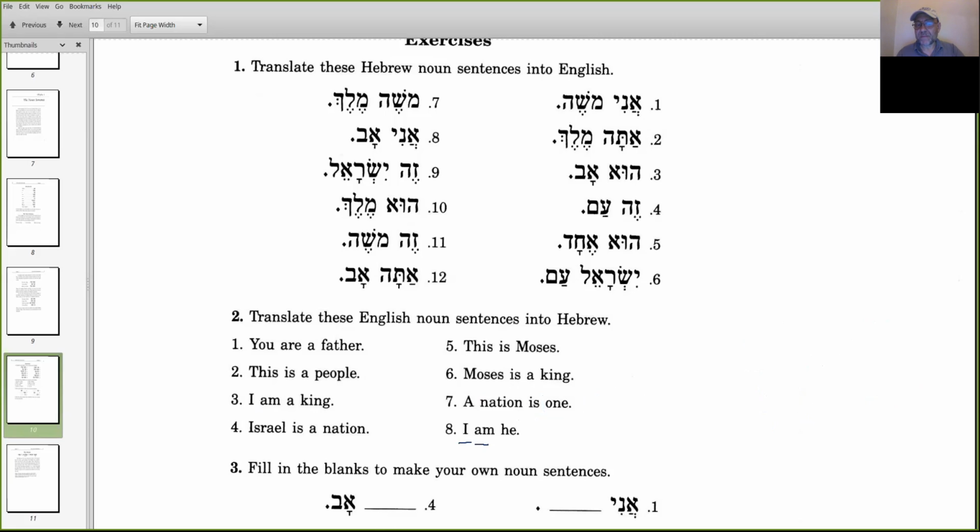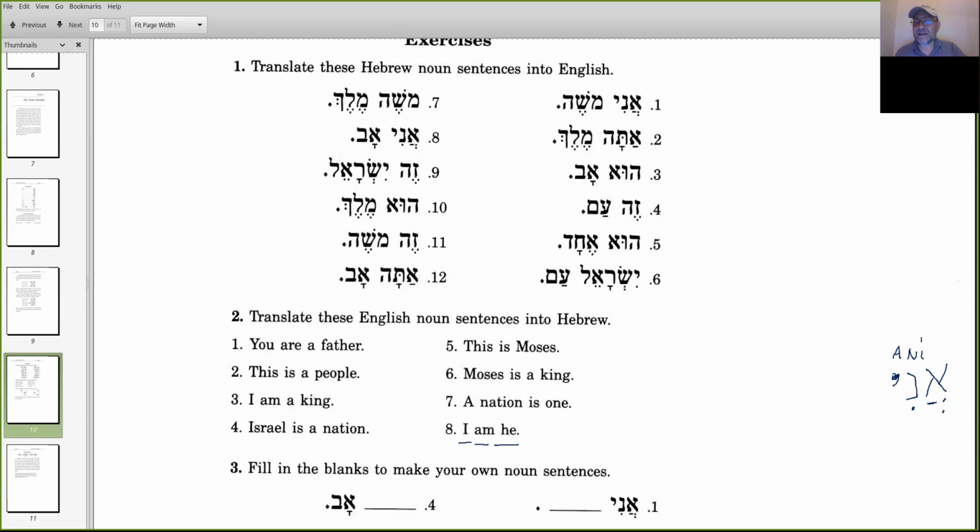I am he. Okay, so the word for I is ani, and we would use an aleph in that case with a chataf patach. That's a reduced patach, so it's a slighter sound. Then a noon and a hirik yod, ani.